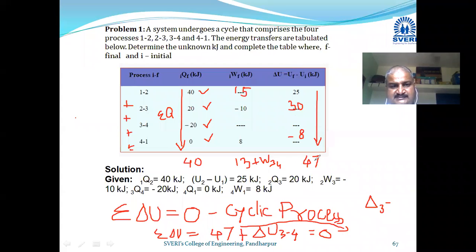Have you written this? How has the minus 47 value arrived? Yes, sir. Okay.